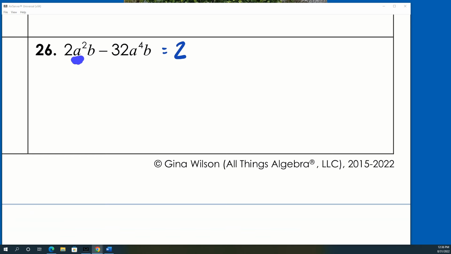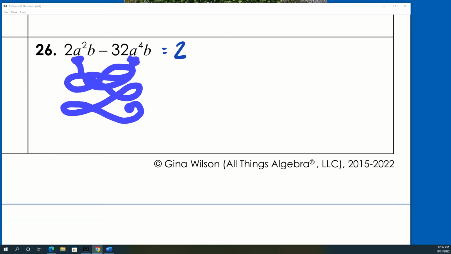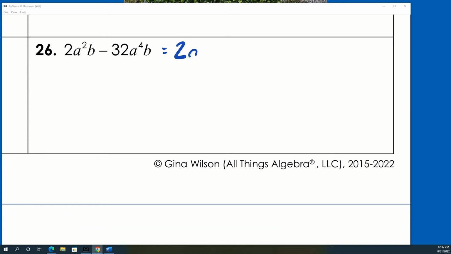So this one has a squared and this one has a to the 4th. So what does that mean I need to factor out? The smaller exponent or the larger? Smaller. So we're going to factor out a to the 2nd, the smaller exponent. And then they both have a b. So we're going to factor out b.